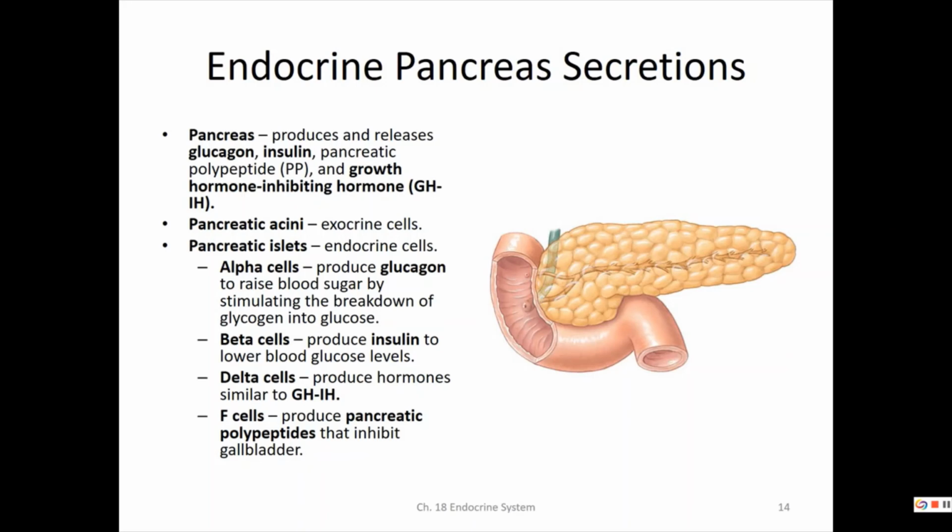And who always surrounds beautiful women? Alpha males. The alpha cells surround the beta cells, and that was an example of paracrine communication in lecture. The alpha cells make glucagon, but the beta cells make insulin. And these are two opposite hormones.